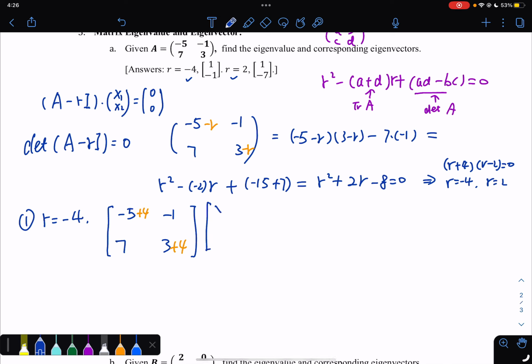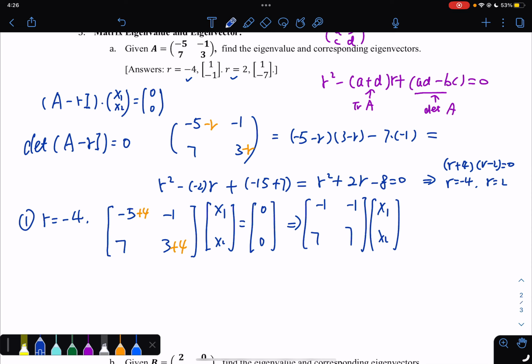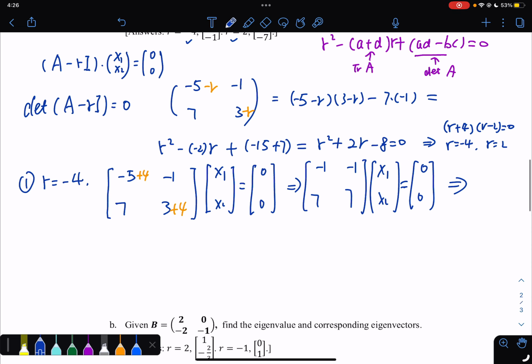And multiply x1, x2, which is going to be 0, 0. So I end up with -1, -1, 7, 7, and x1, x2, 0, 0. That's supposed to be the same. Only the first row is helpful because the second row is going to be repeated. So I have -x1 minus x2 equals 0.